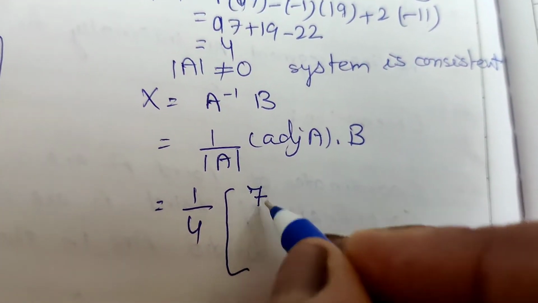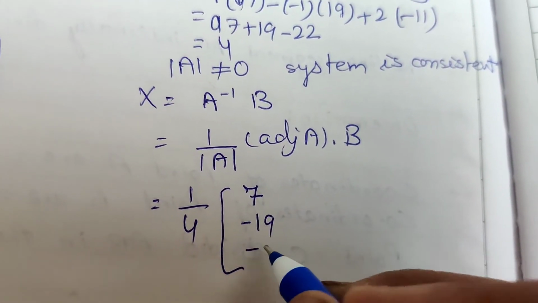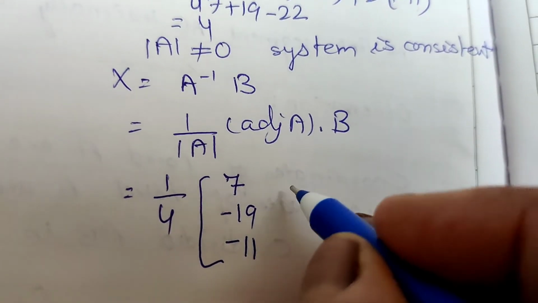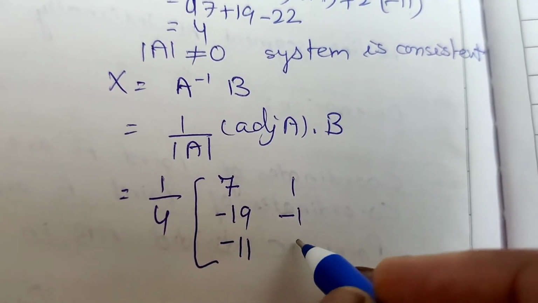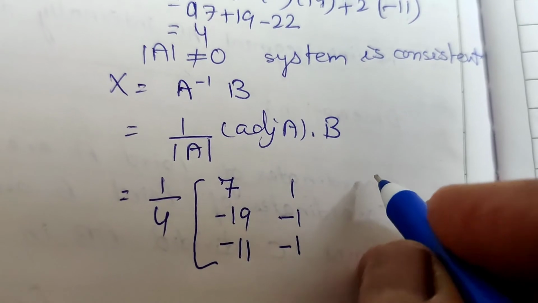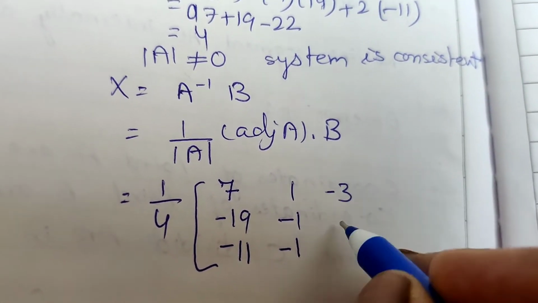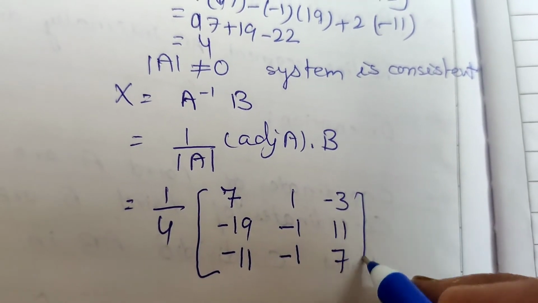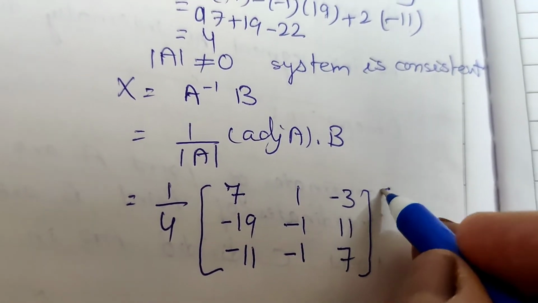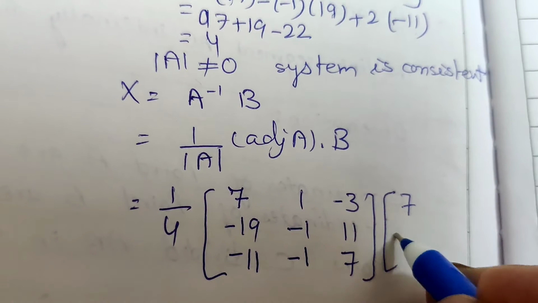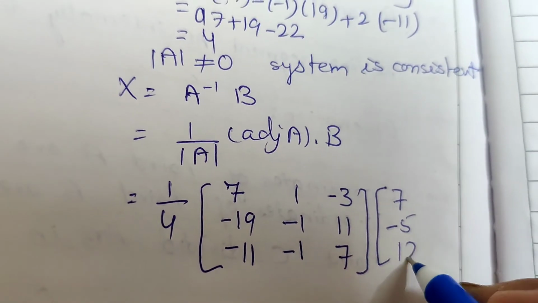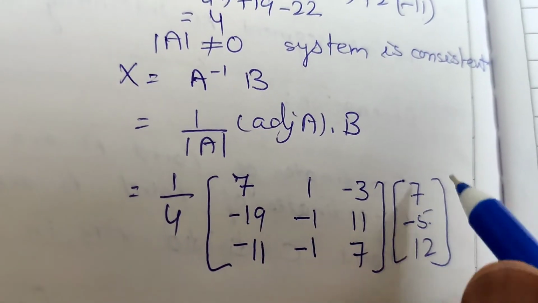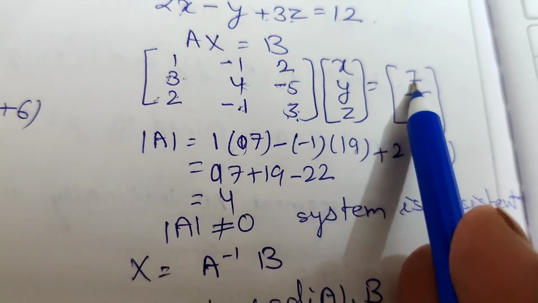I am writing here 7, minus 19, minus 11, 1, minus 1, minus 1, 3. You have already learnt how to find adjoint. And 7, minus 5 and 12. This is the B. 7, minus 5, 12 is B.